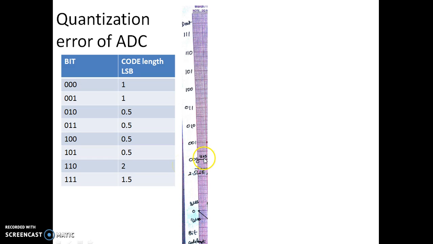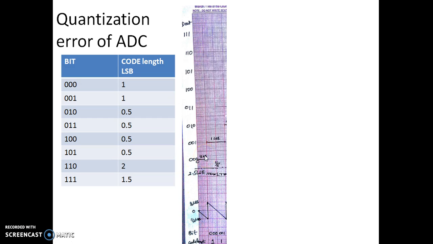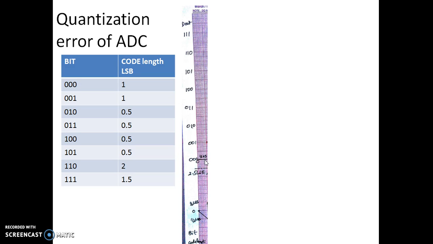Since the estimation is proper, there is no error when the input voltage is 0. But we'll be underestimating the input voltage, which is 1/8, so the error will be minus half LSB.